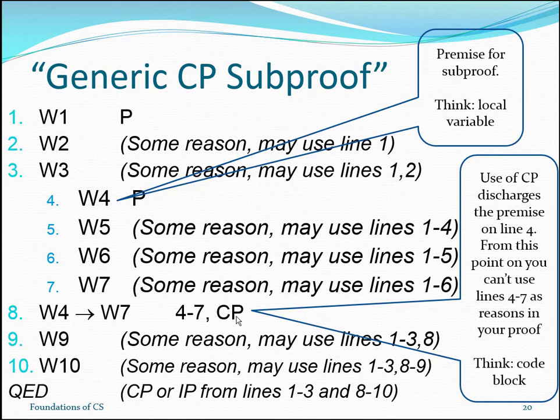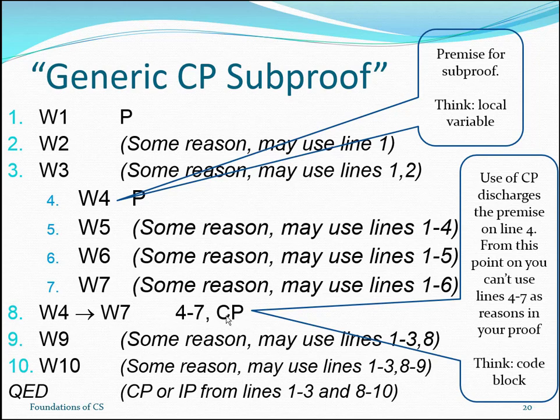Since I'm outdenting with the CP here, the line numbers are going to be 4-7, because I started with W4, and that implied W7. W4 implies W7. That gets me out with my CP.